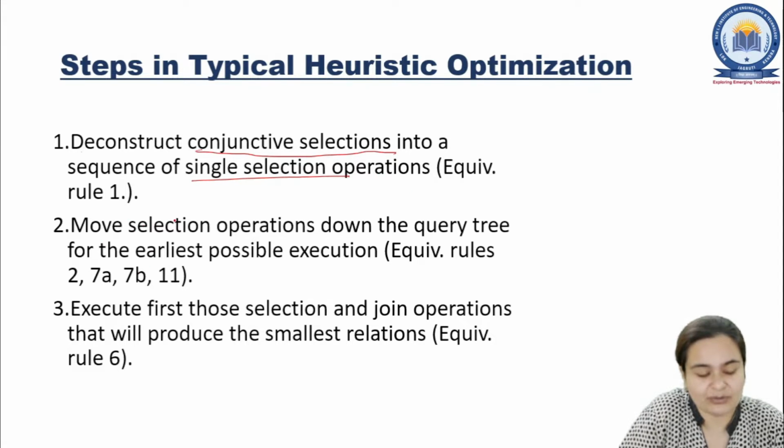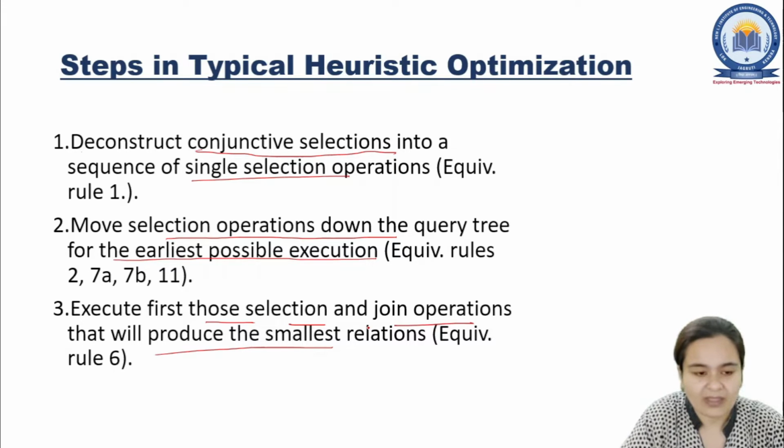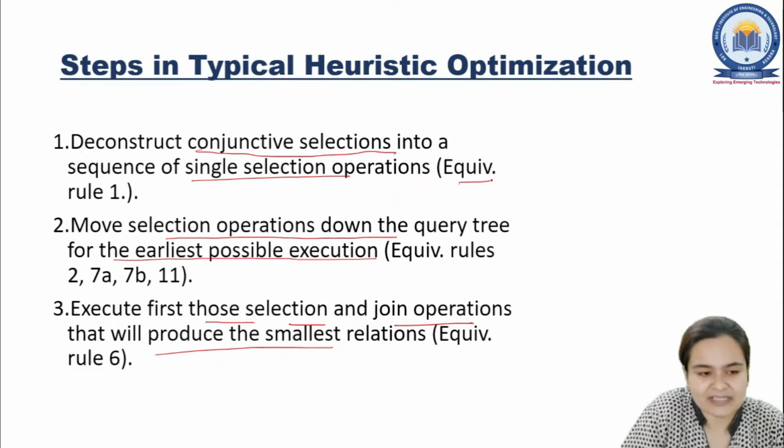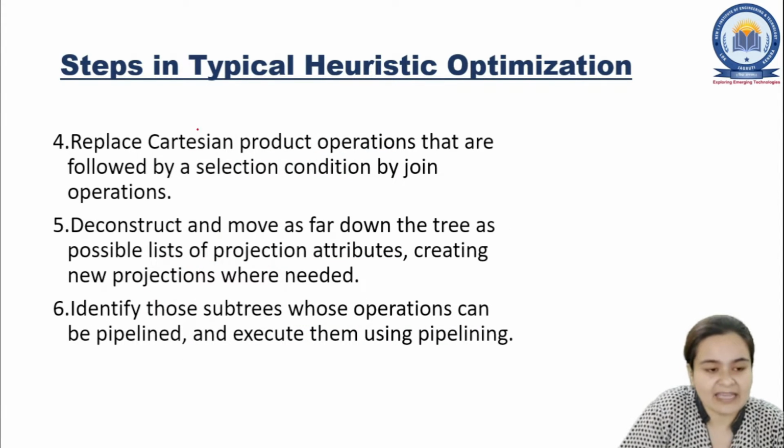In the second step, move the selection operations down the query tree for the earliest possible execution. Then the execution first has to be done for the selection and join operations that will produce the smallest set of relations.